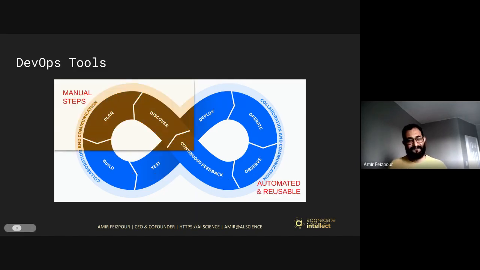But the important problem is that, as successful as DevOps has been, it has a significant single point of failure, because we've automated a lot of these processes, but the step where we are discovering things and planning things is very manual.